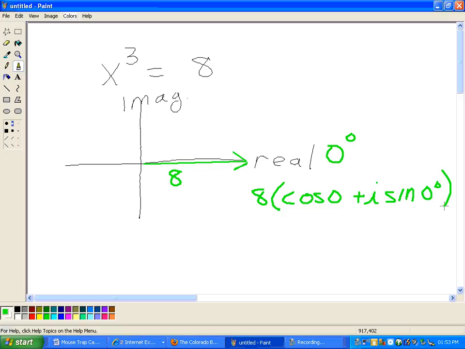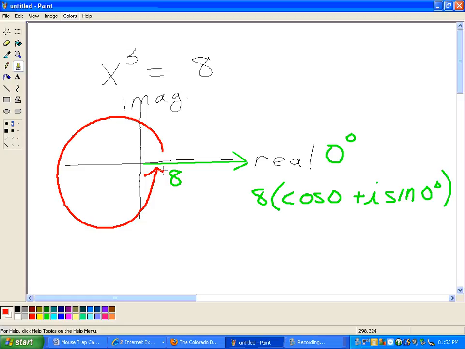Now, to solve this, I know that this is x to the third power equals all of this. If I go around the circle one more time, I would be back at the same place.